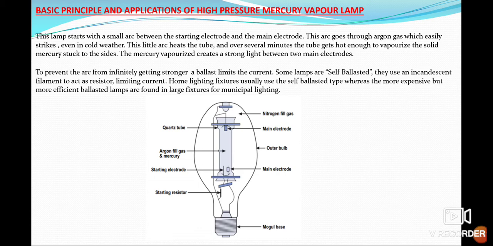So some lamps are self-ballasted, that is, they use an incandescent filament to act as a resistor that will limit the current. Some home lighting fixtures usually use the self-ballasted type, whereas the more expensive but more efficient ballasted lamps are found in light fixtures for municipal lighting.